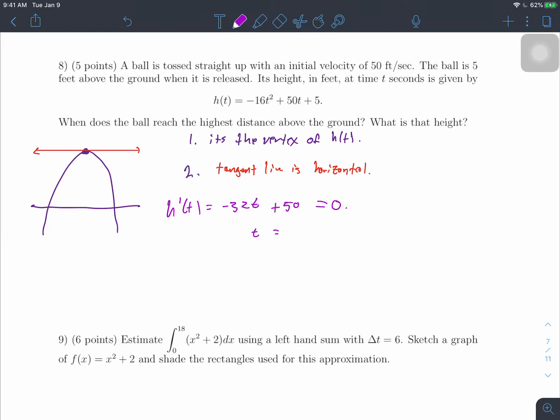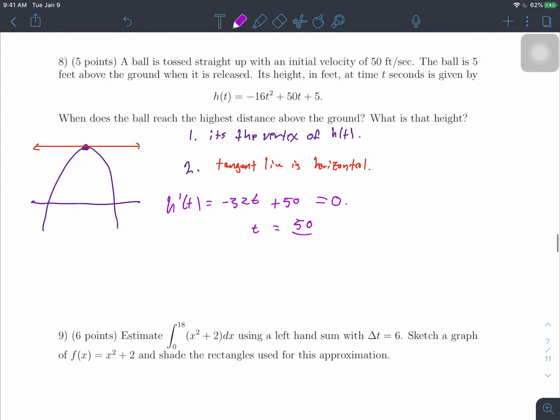So t should be negative 50 over negative 32, which is equal to just 50 over 32. So this is the time when the ball reaches the highest distance above the ground.